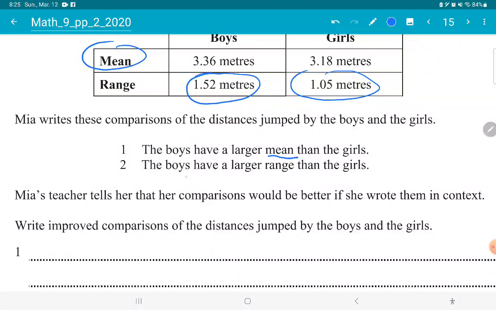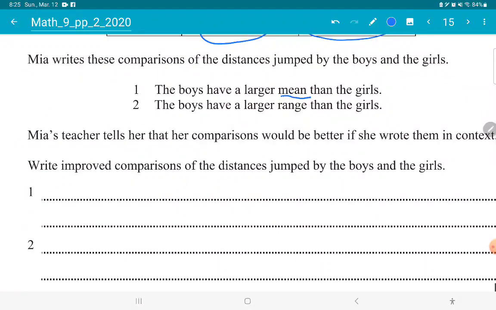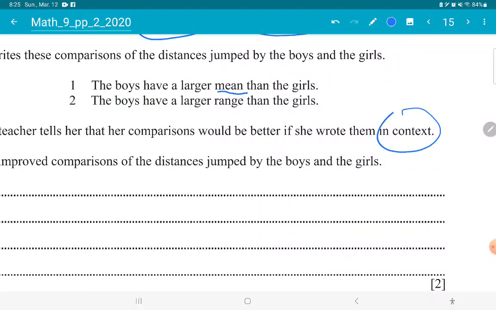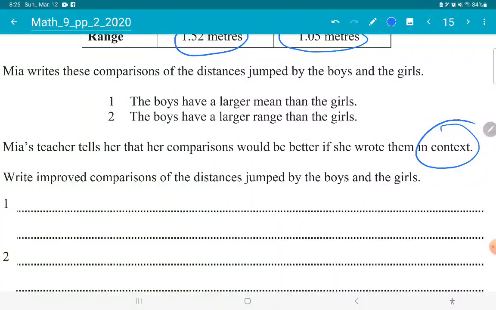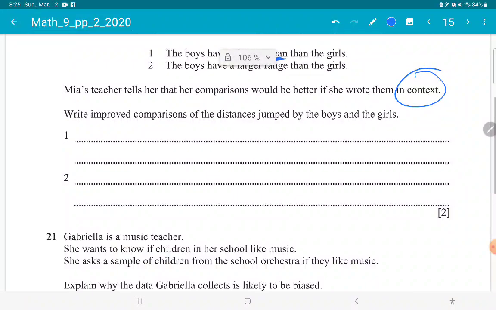Put it in context, avoiding the math words. You could say the boys jump further, wider than the girls. Avoid the word mean, something like that.